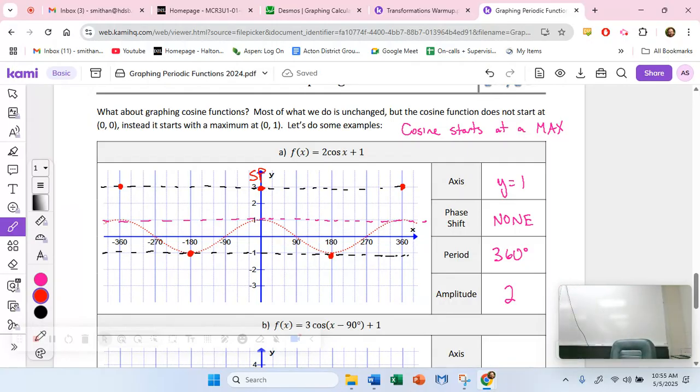Honestly, this would be a fine sketch with the max and min, but we can add a bit more detail. Halfway between your min and your max, you come back to the axis again. So that's 6 squares, and 3 squares will be back to the axis. So we can just add more points, and we have a nice sketch of this cosine function.